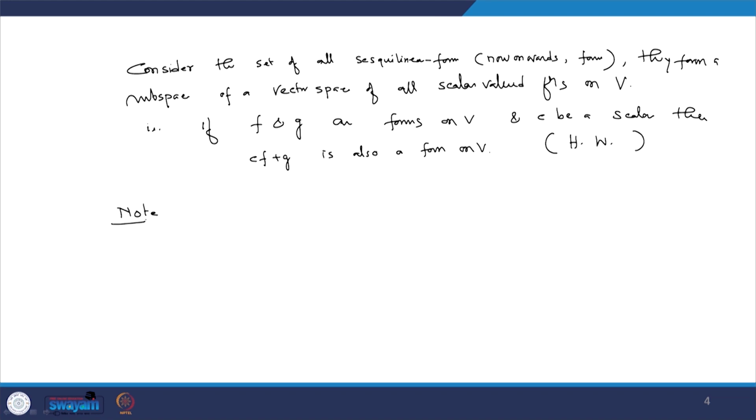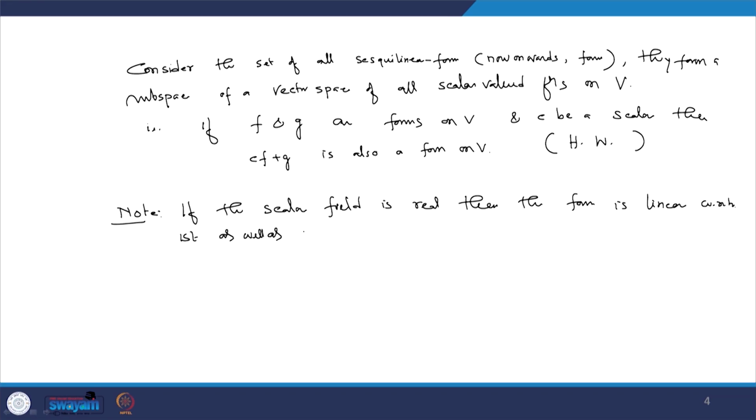Another interesting fact: if the scalar field is real, then the form is linear with respect to the first as well as the second variable.